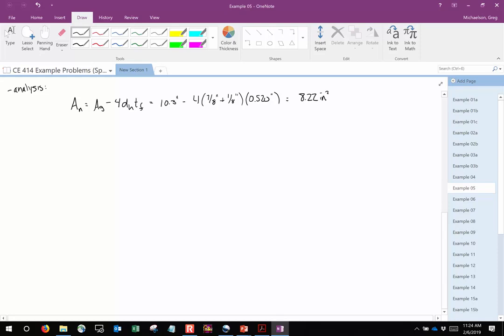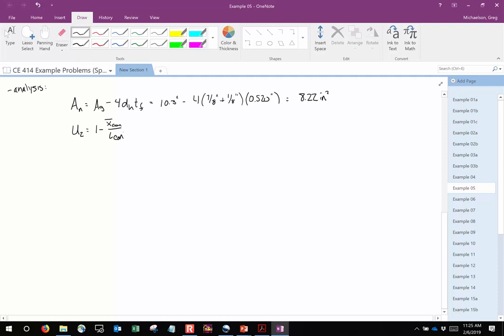8.22. What shear lag cases are going to apply for this section? So obviously case 2. And I heard case 7.